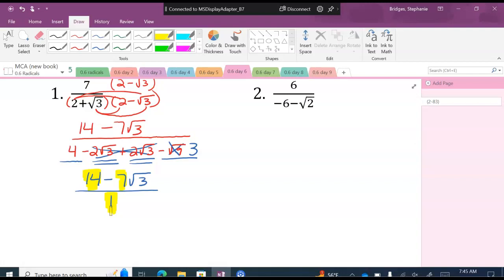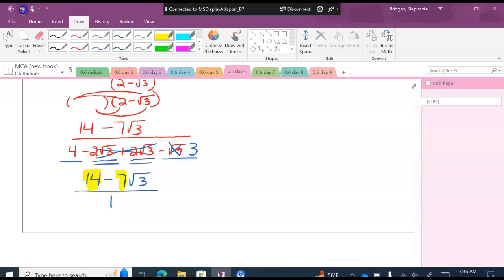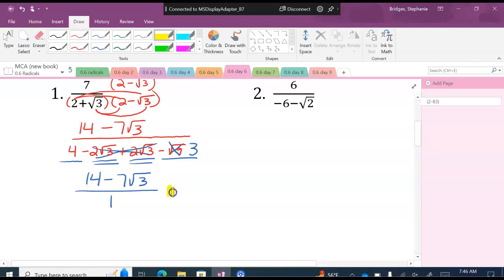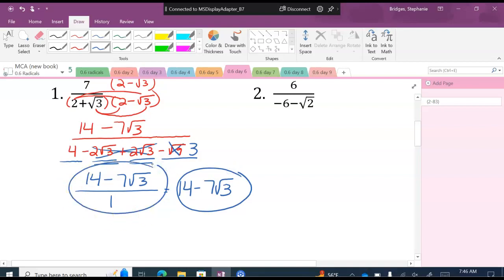And if we look at it, 14, 7, and 1 don't have anything in common besides 1, do they? So you can leave your answer like that, as 14 minus 7 square roots of 3 over 1, or how else could we just write it? Yeah, we could just write it as 14 minus 7 square roots of 3. I would take either one of those. If you want to leave it over 1, you're welcome to. If you don't want to, that's fine too.